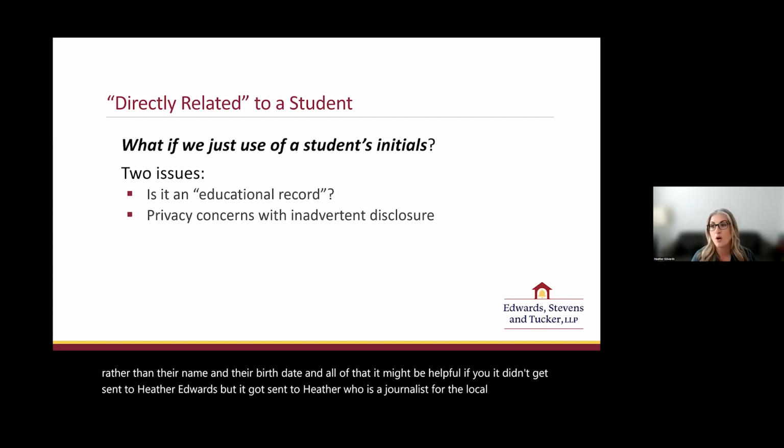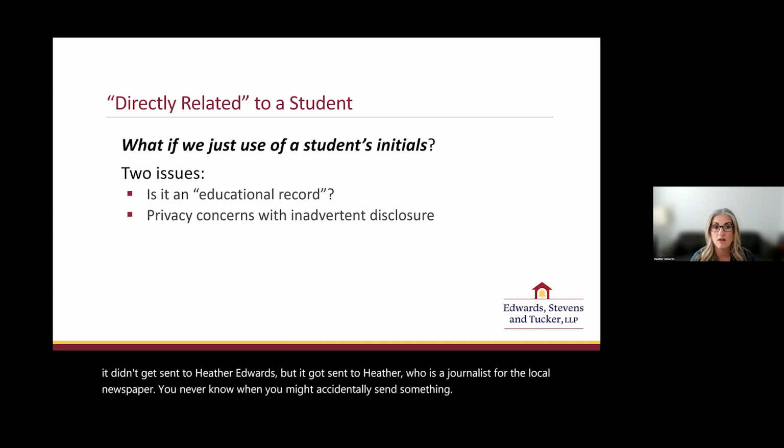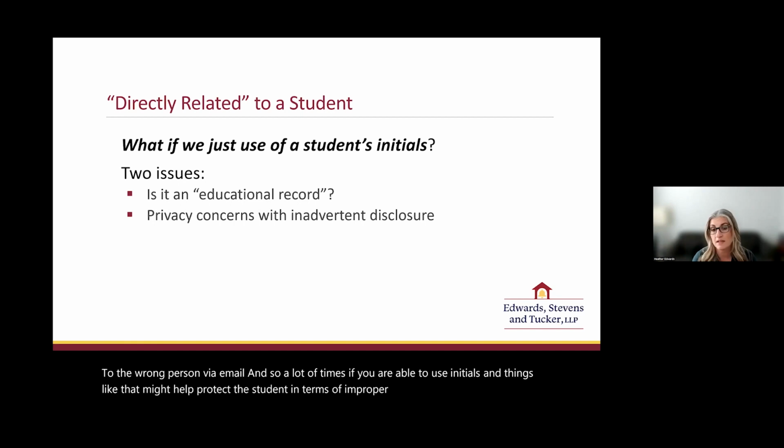You never know when you might accidentally send something to the wrong person via email. And so a lot of times if you are able to use initials and things like that, that might help protect the student in terms of improper disclosure of highly confidential information, but it wouldn't necessarily mean that it's no longer considered an educational record that the parent would be entitled to. So it doesn't necessarily help in that regard.